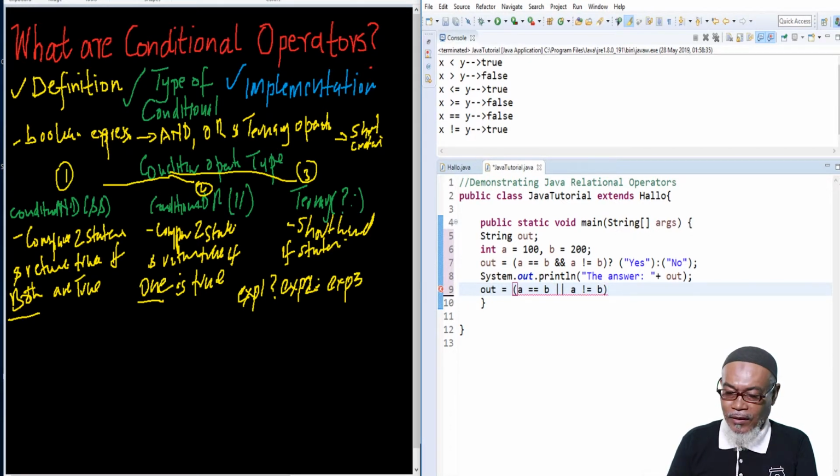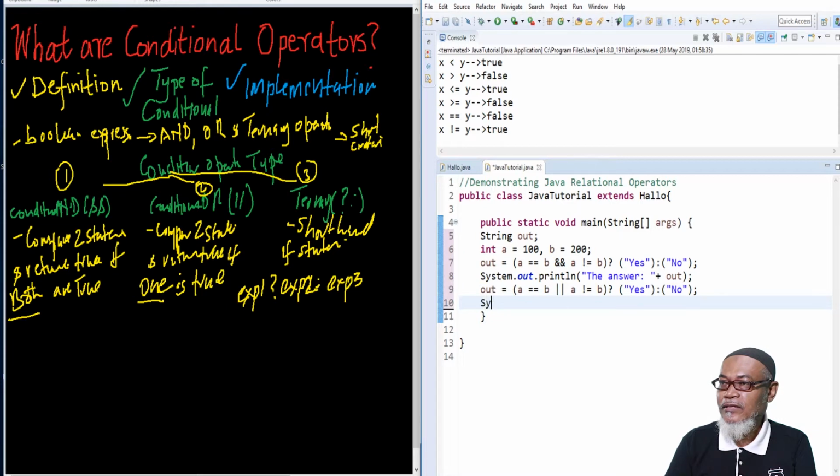Again, according to the syntax, I put a question mark, then my yes, and then my no, and then I terminate.